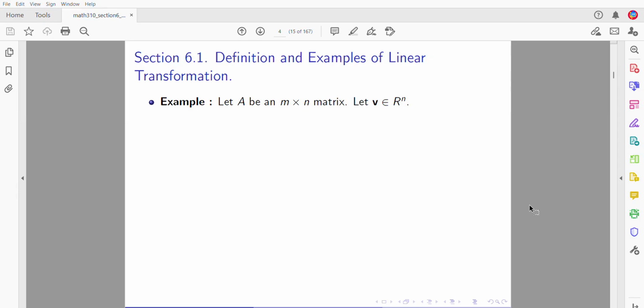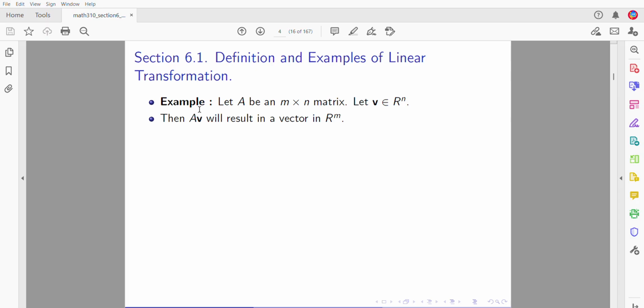Here is an example. Suppose you have an m by n matrix A. Take any vector which is a column of size n. A is m by n, v is a column of size n, that is, v is n by 1. So I can multiply on the right by v.